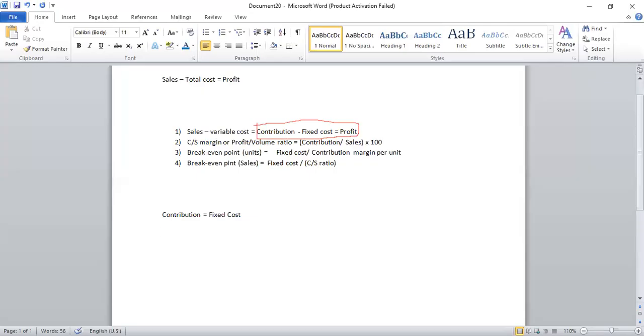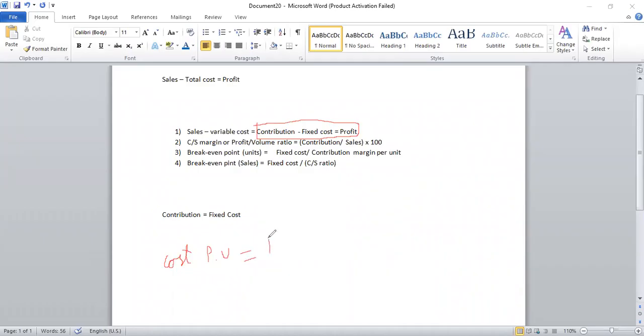So if that is the way we equate them to understand the break-even point in units, what are we doing? In the numerator we took the fixed cost, in the denominator the contribution. But here we are trying to calculate the number of units. In some other context, if we are trying to calculate cost per unit, how would we calculate it? Cost per unit is equal to total cost divided by number of units.